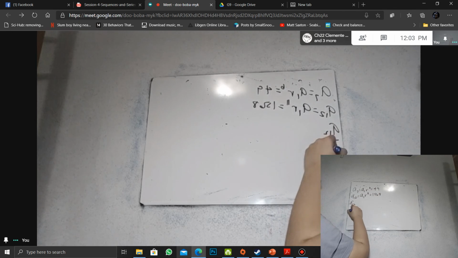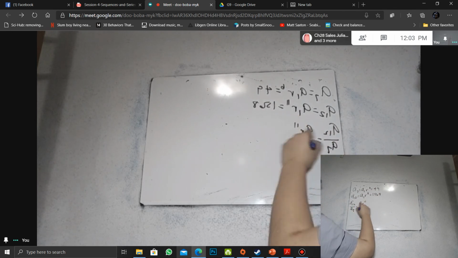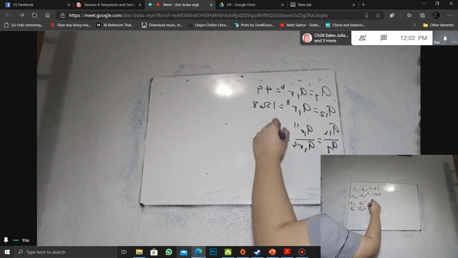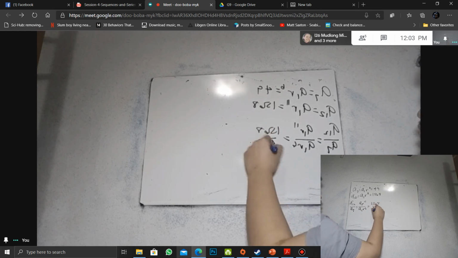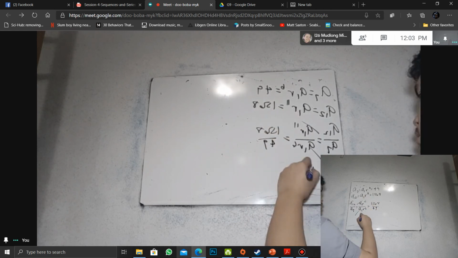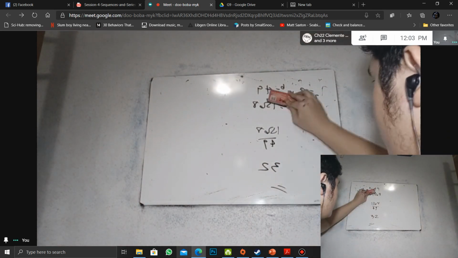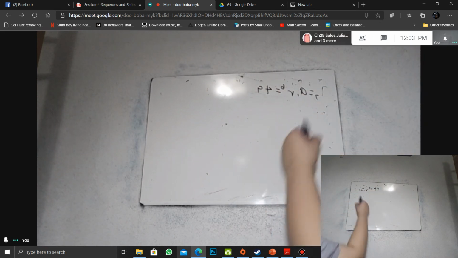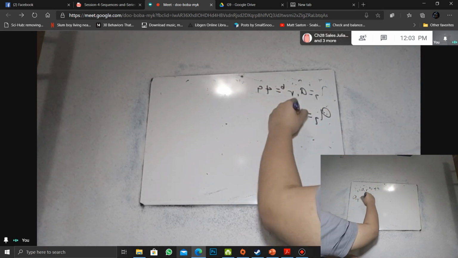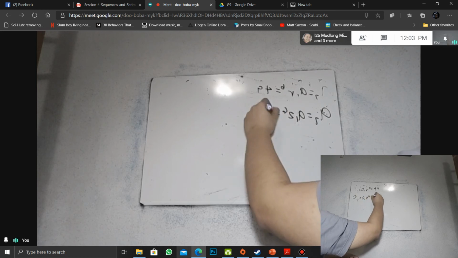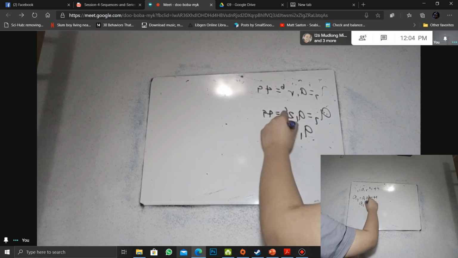Divide. r equals 2. What's the first term of this sequence? Yan, meron na tayo. Since r equals 2, so a sub 1, 2 to the 6 equals 49. A sub 1 equals 49 over 64.